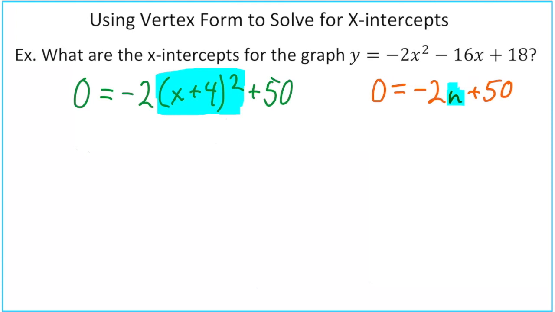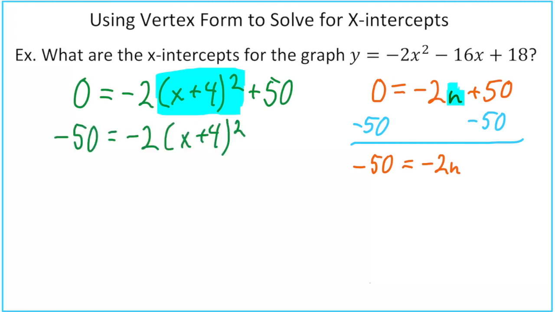What would we do to solve that two-step equation on the right? Well, the first step is we'd subtract 50 from both sides. That would give us negative 50 equals negative 2n. So on the left side, that becomes negative 50 equals negative 2 times x plus 4 squared.